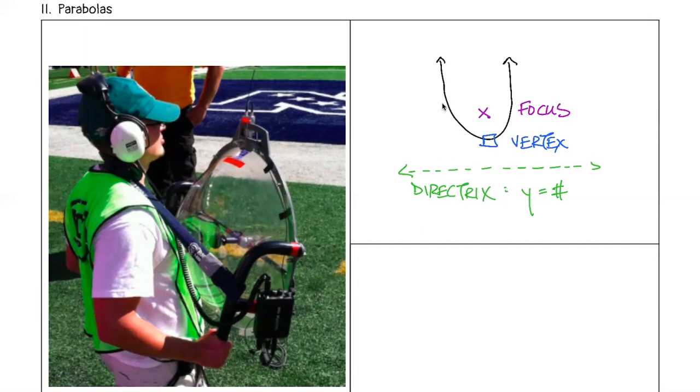Now that distance specifically is actually what some folks asked about in class earlier. The distance from the focus to the vertex, that distance is p. And the distance from the vertex to the directrix is also p. Okay, so p stands for the distance between the focus and the vertex, or the vertex and the directrix.